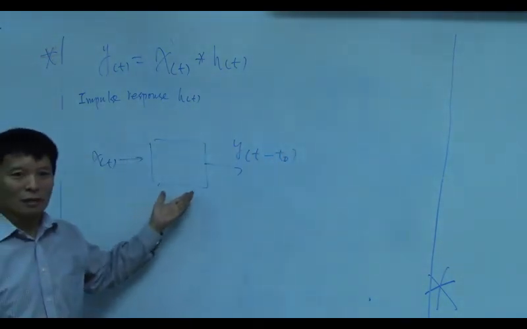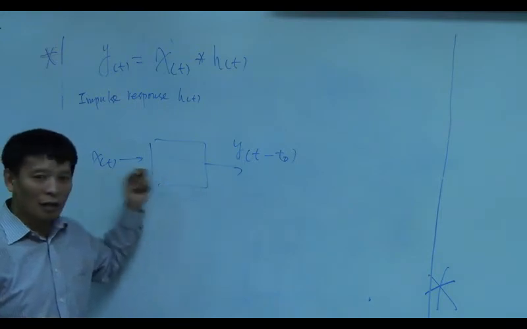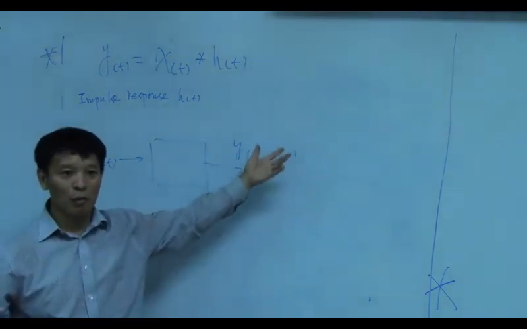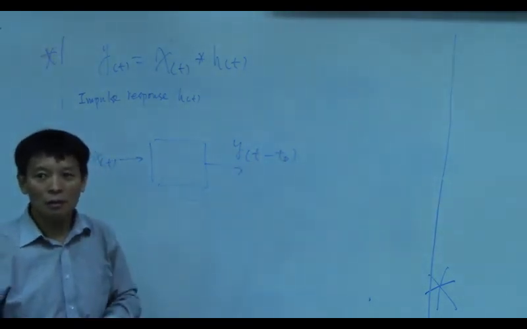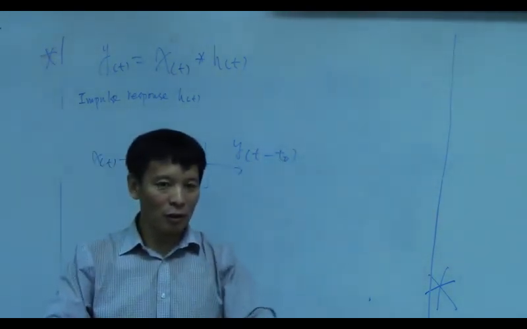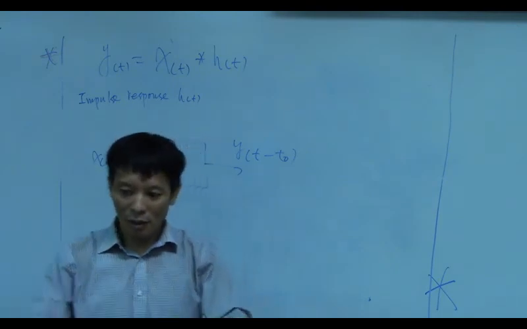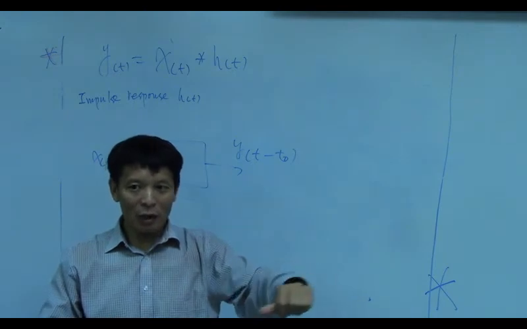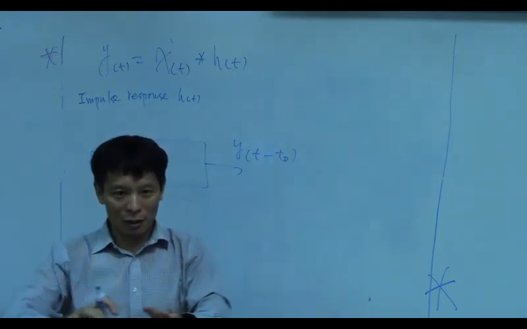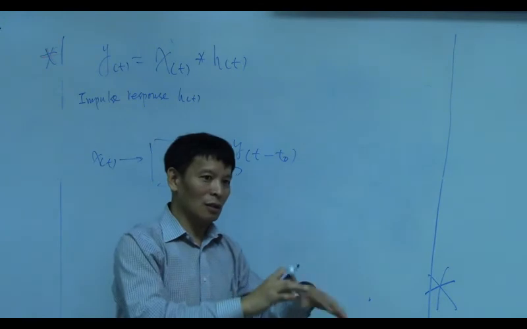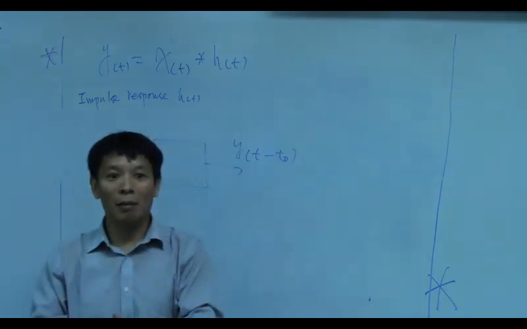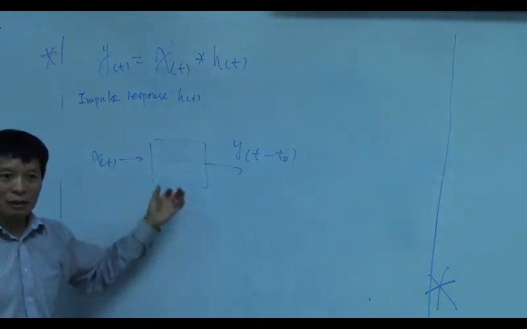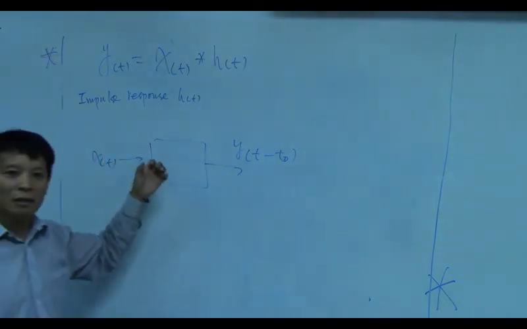We already proved before that this is an LTI system. You give me input, I do not change the waveform, I only delay by some time, that's all. The signal transmits through your system, whether it's a PCB board, a communication system, anything. Input is coming in. If you do not change anything, you just get exactly the same copy as the input, but delayed by some time because the signal travel needs time. That is the simplest ideal delay system.